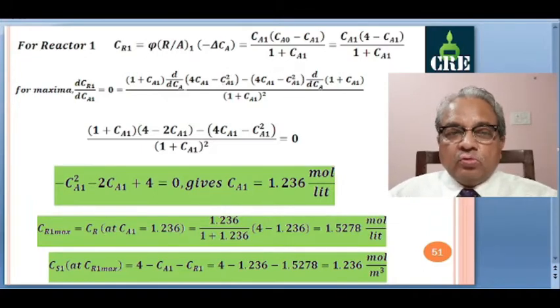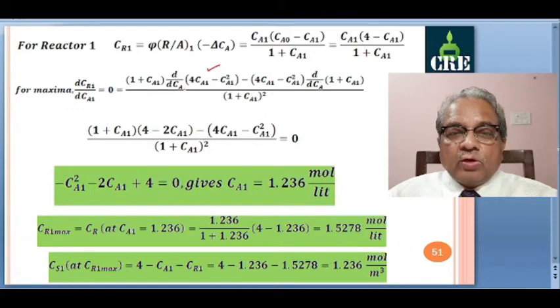Apply the quotient rule: denominator into derivative of numerator. What is the numerator? 4Ca1 minus Ca1 square. The denominator 1 plus Ca1 stays as it is, and the derivative of 4Ca1 is 4.